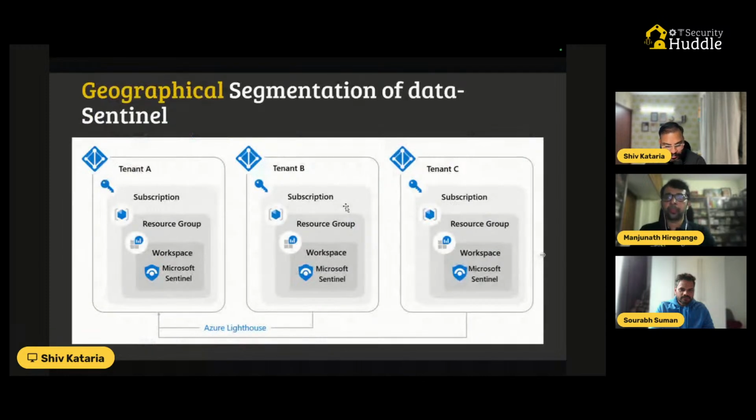And there was one concept, geographical segmentation of the data, and it is in Azure, AWS, SAP HANA, Salesforce, whatever cloud you are using. Let's suppose you have three plants, one in Abu Dhabi, one in Norway, and one in the USA, and you don't want to mix all those data. So you can create a workspace and select a data center in your region, in a specific country or specific city, if Microsoft has one.